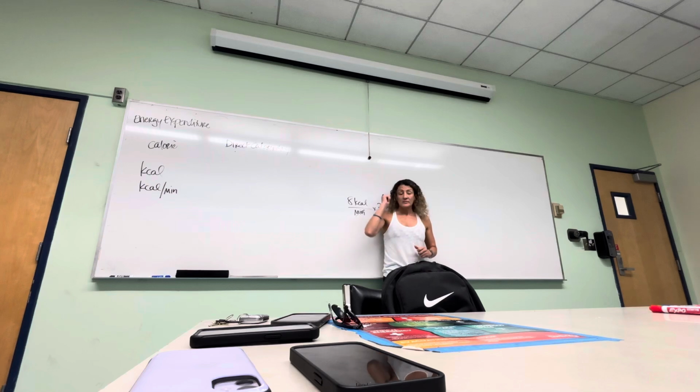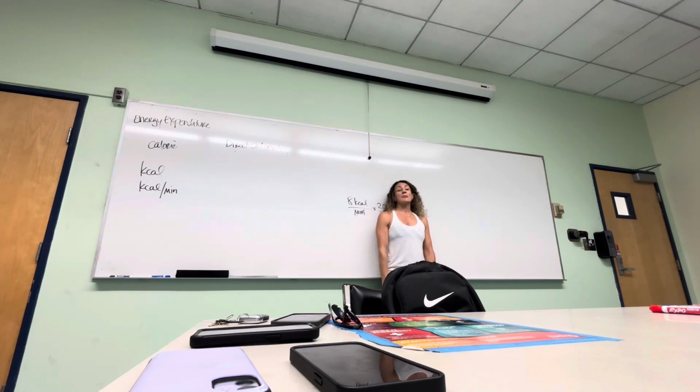So, direct calorimetry, to do that, we have to build a special room that has pipes in the walls, and there's water flowing through the pipes, and we know the temperature of the water. Then we put a person in there, and we have them run on a treadmill, for example. They're going to produce heat, right? The higher the intensity goes, the more heat they're producing. That heat that they're producing will increase the temperature of the water in the pipes. So we're measuring the temperature of the water to measure the heat that the body's producing.